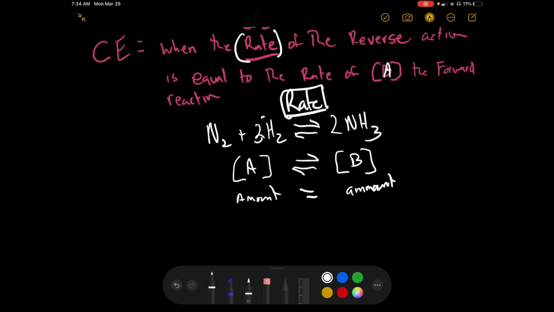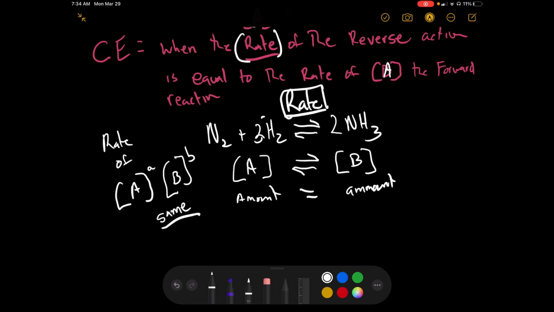What that means is that at some point in the chemical reaction, the rate of concentration of A raised to some power is going to remain, and B raised to some power is going to remain the same.